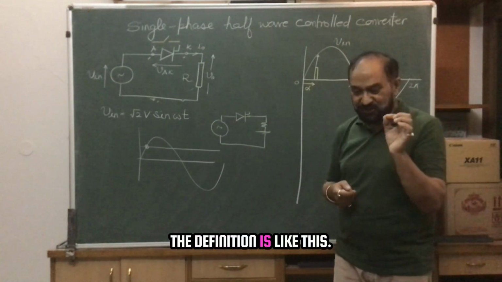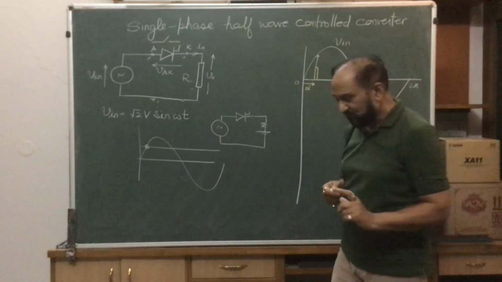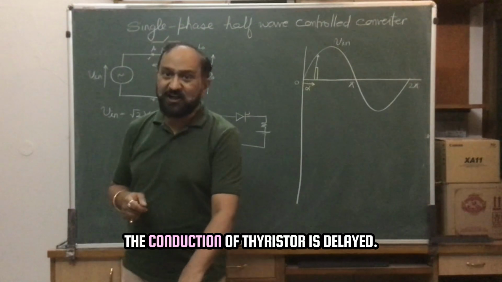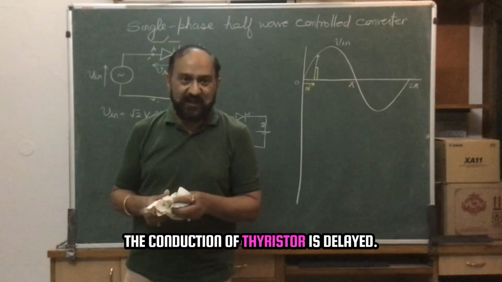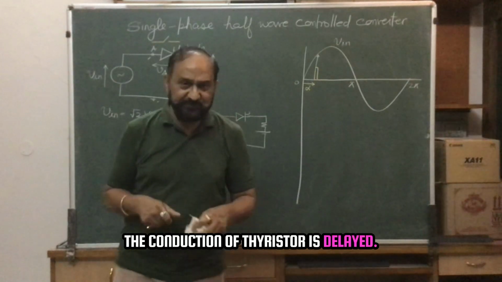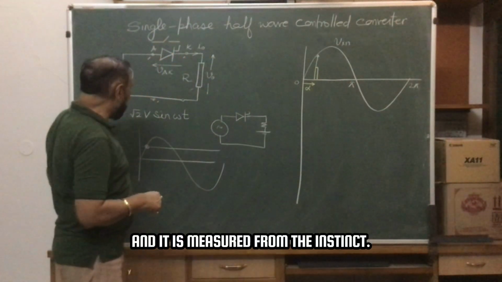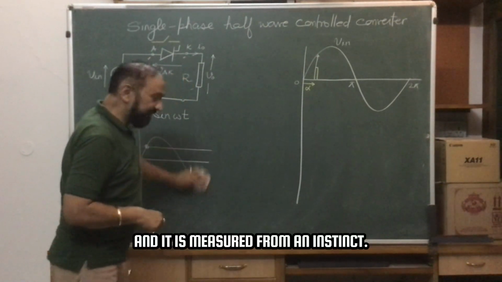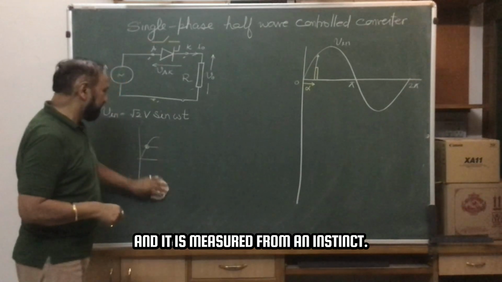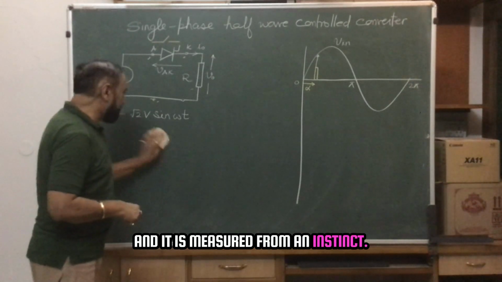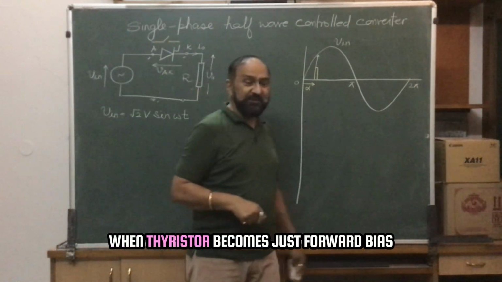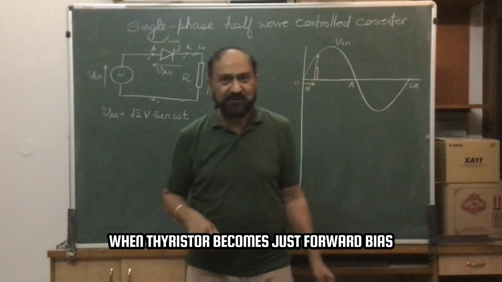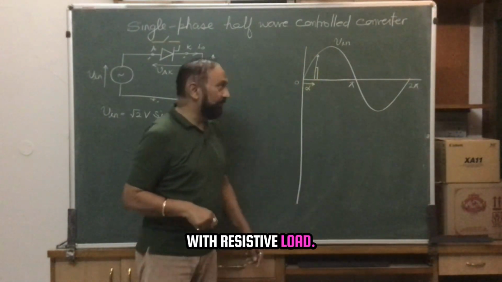The definition is like this. Note down. Firing angle is the angle by which the conduction of the thyristor is delayed, and it is measured from an instant when the thyristor becomes just forward biased with resistive load.